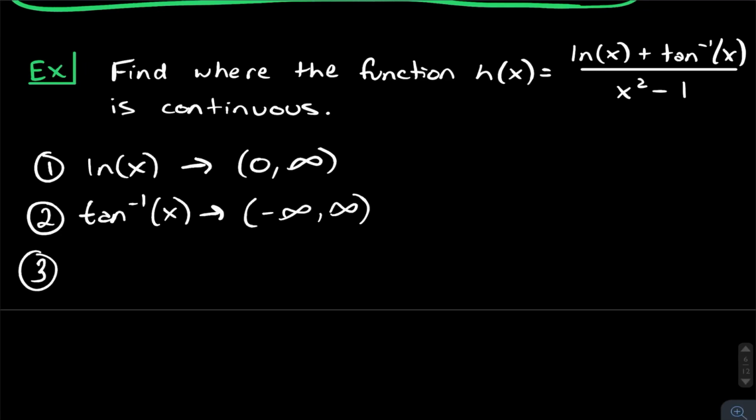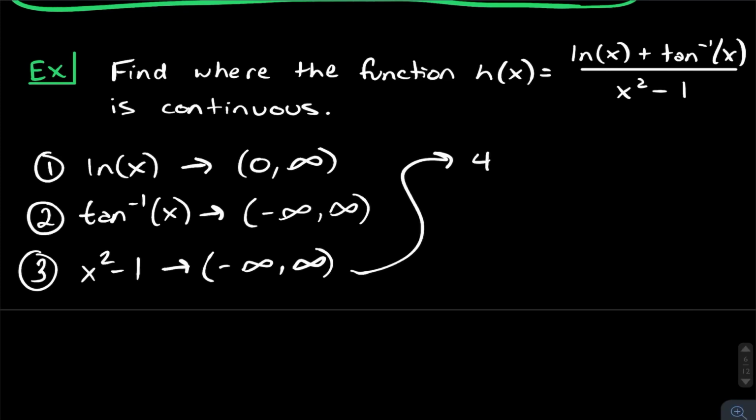Third, we need to look at x squared minus 1. Is this continuous for all x values? Well, yeah, it's a polynomial. But the other thing that we need to look at is, is this ever 0? Because we can't have our denominator be 0.